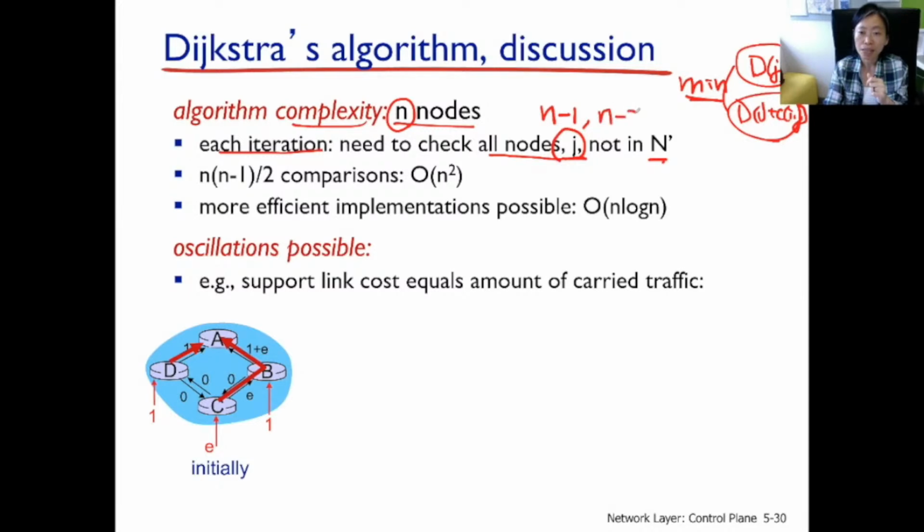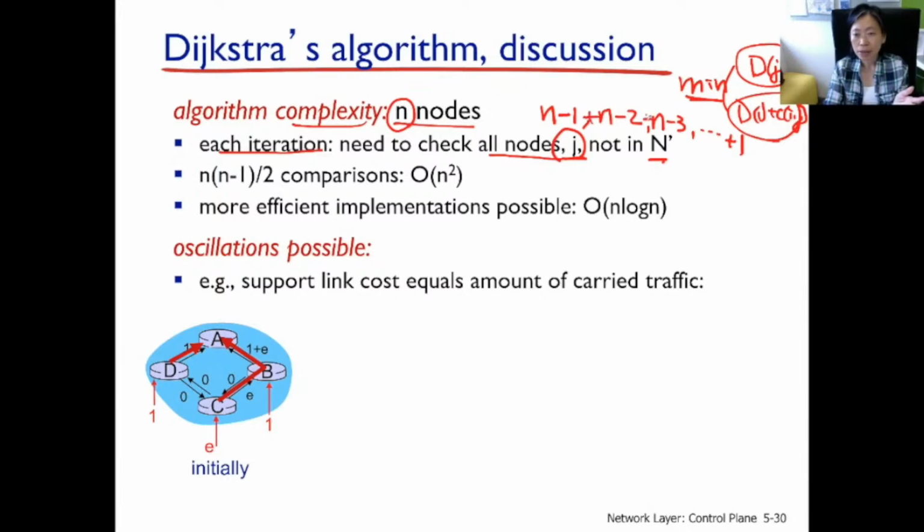Second iteration, how many? Because there's one more node being included into N prime, the number of j in the second iteration is only n minus 2. Third iteration, and we can go on until the second last iteration, we have only one node remaining connecting to the new node being added to the N prime. In the last iteration, the second step is not going to be called because there's no j remaining.